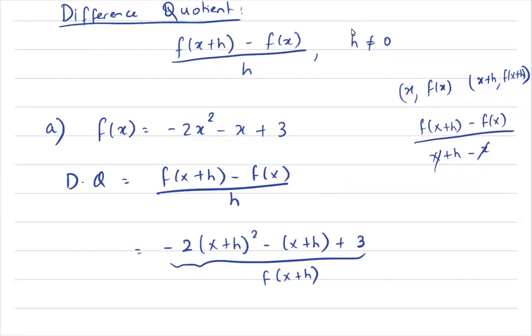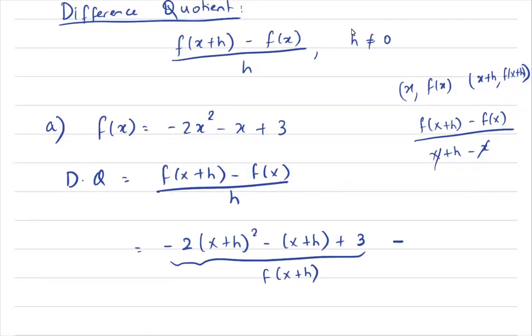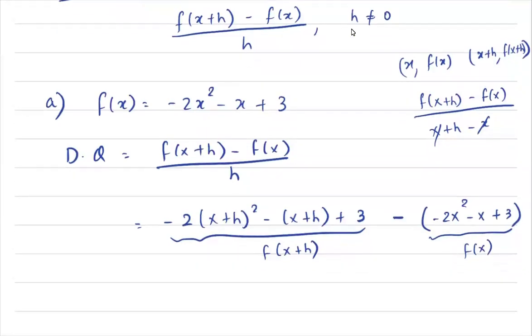Then minus, I have f of x. I know what my f of x is. Now this is critical. You want to put your f of x within parentheses because the negative sign has to be distributed. So this is your f of x. Now the formula says all over h. You don't have to write the f of x plus h and f of x; I just wrote that so that you could see it, right?